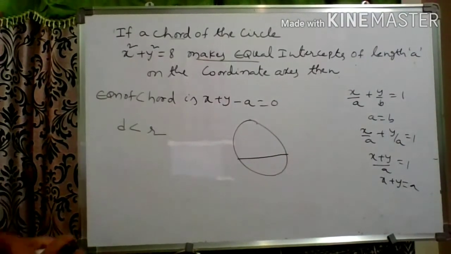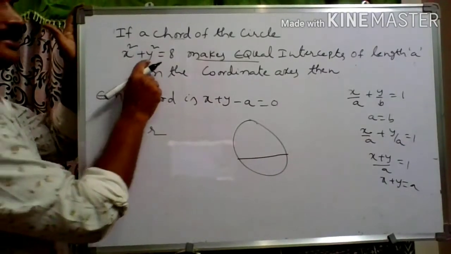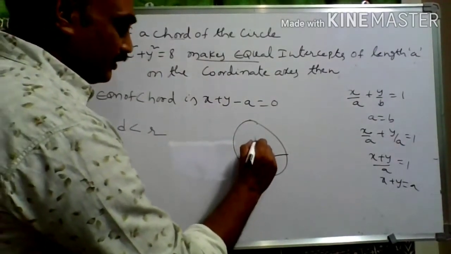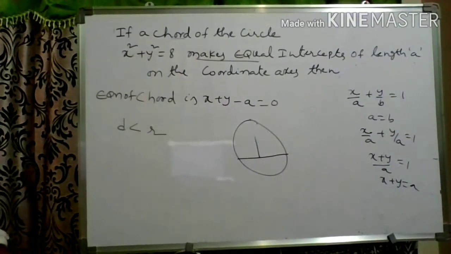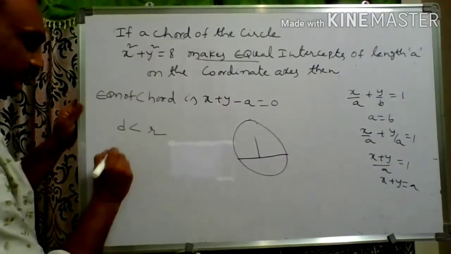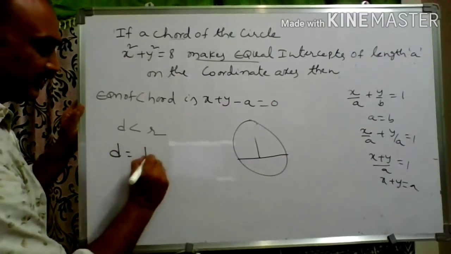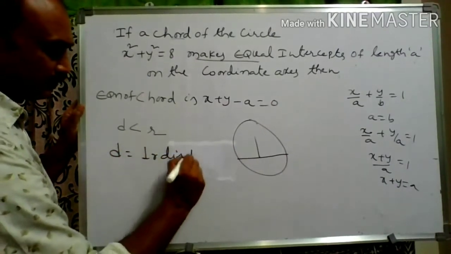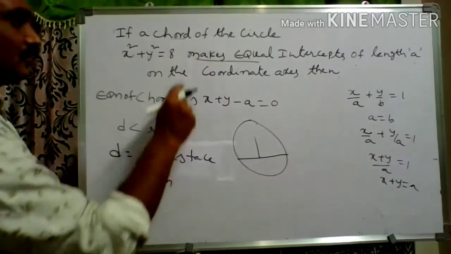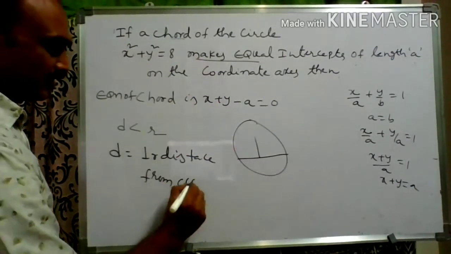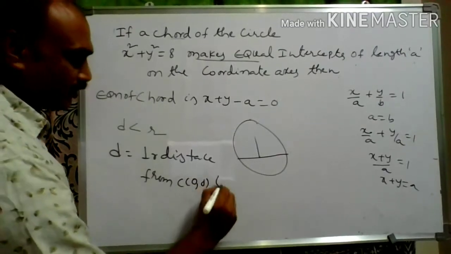What is D? D is equal to perpendicular distance from center to the chord. First calculate D. D is equal to perpendicular distance from center 0, 0 to chord.